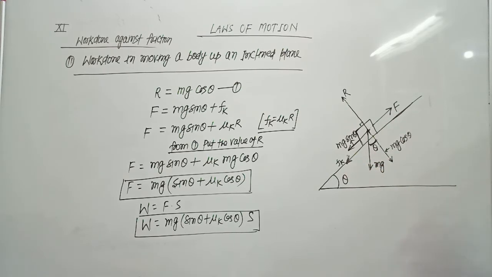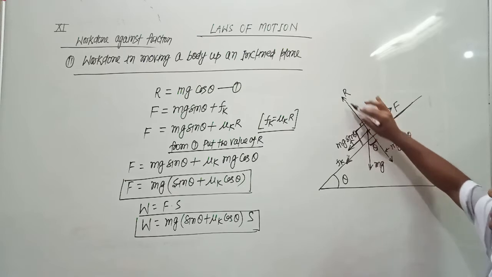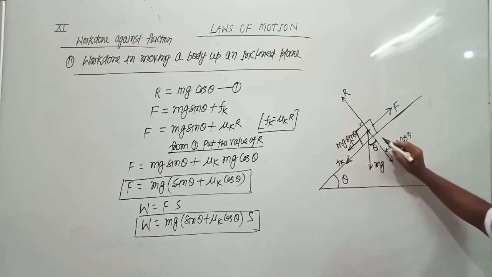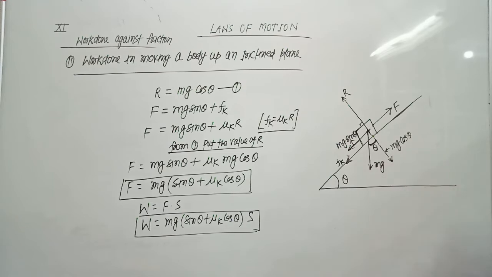We resolve these forces, vertical force and horizontal force. In the vertical direction, the normal reaction R acts upward, and in the downward direction, the opposite force is mg cos theta. So R equals mg cos theta.